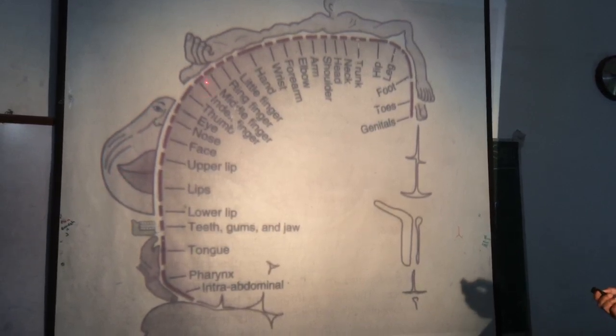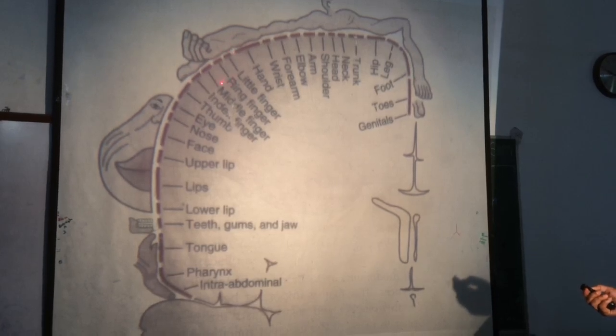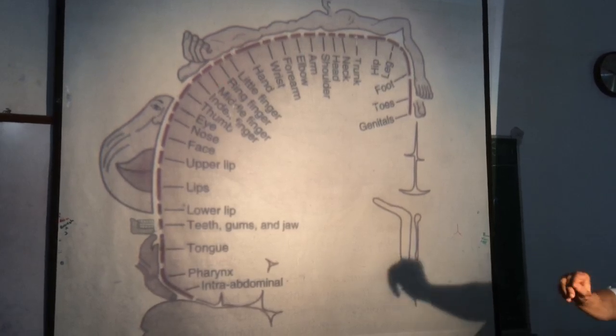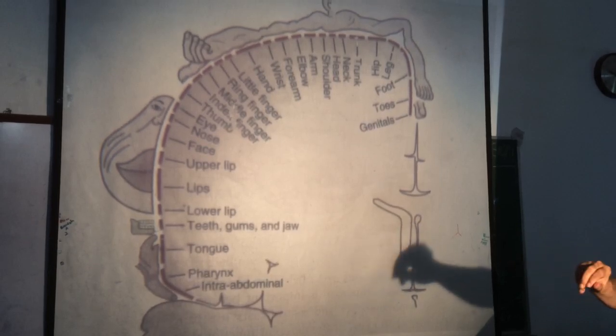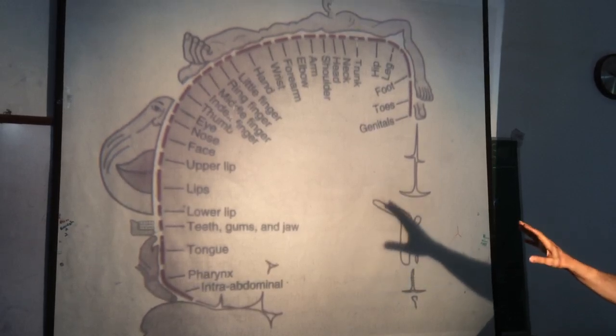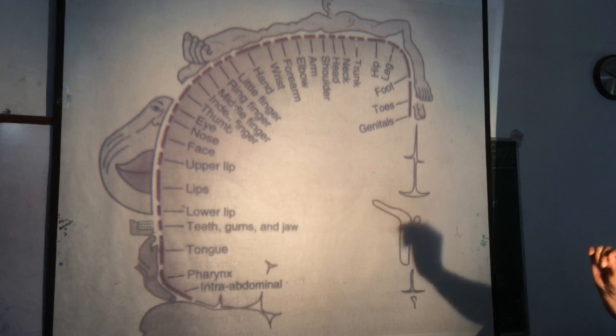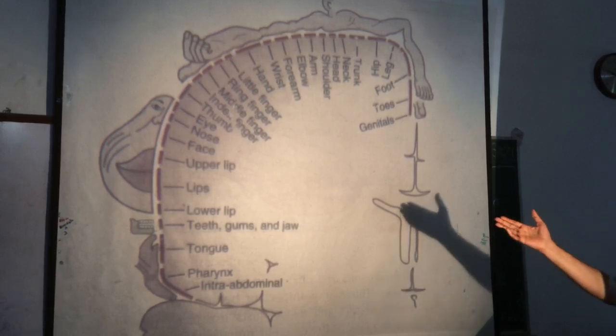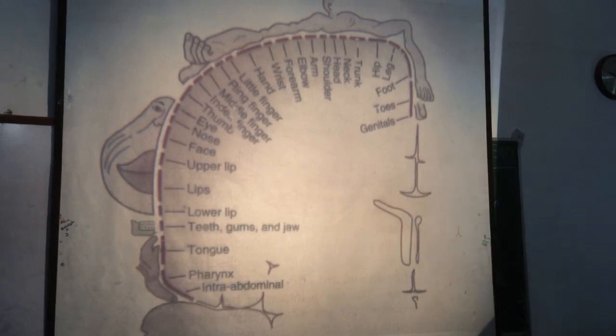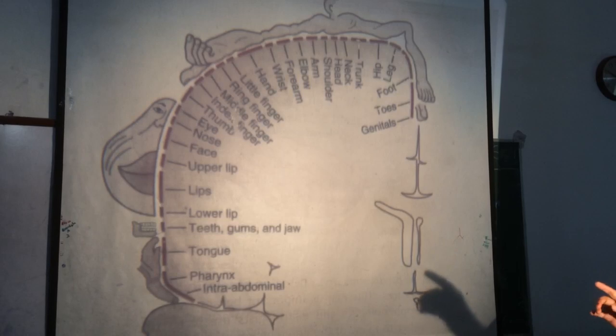And then you see thumb, fingers, and hand. Fingers and hand are used in writing, in cutting designs. So these parts are involved in fine skilled movements, and hence occupy a much larger area of representation in the primary motor area.